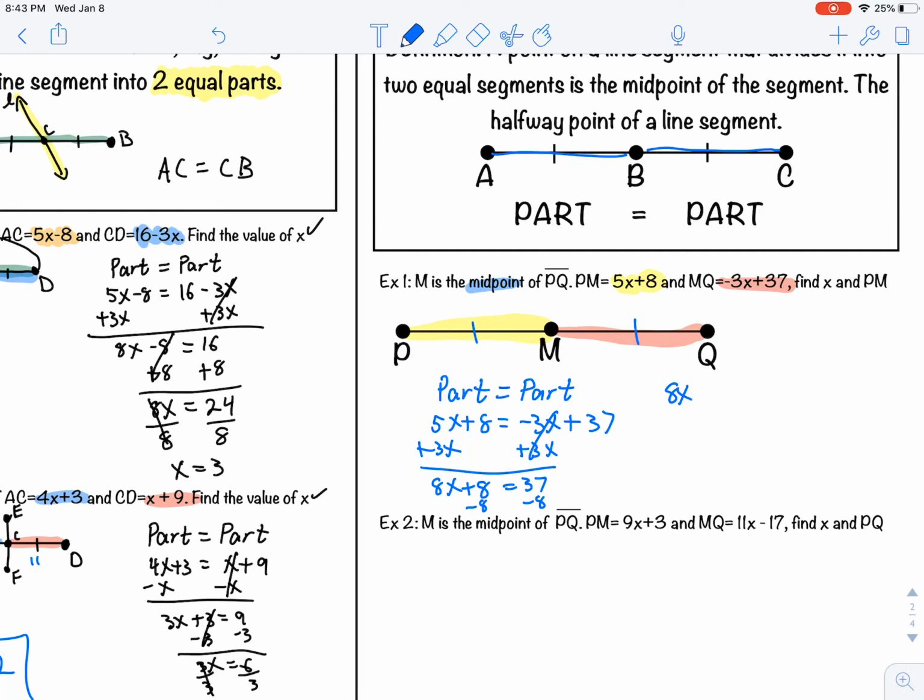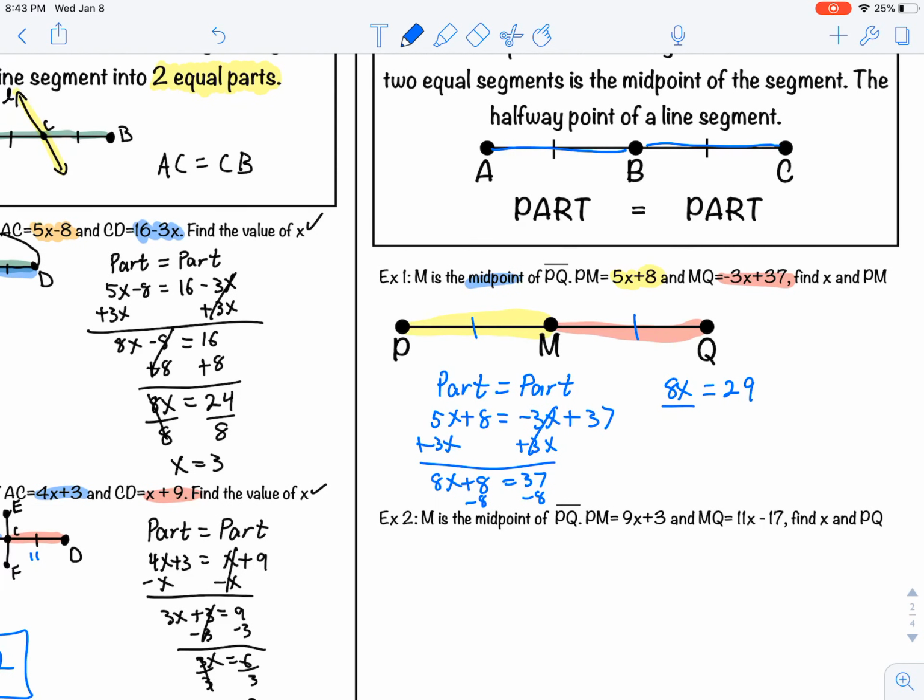So I'll end up with 8x left over equals 29. And then we divide both sides by 8. Those cancel out. X equals, go ahead and type 29 divided by 8.